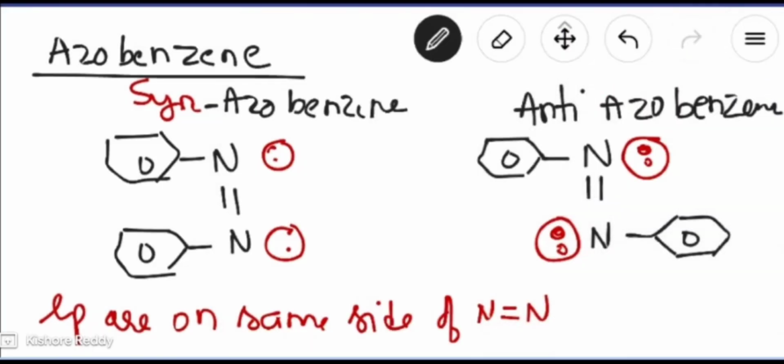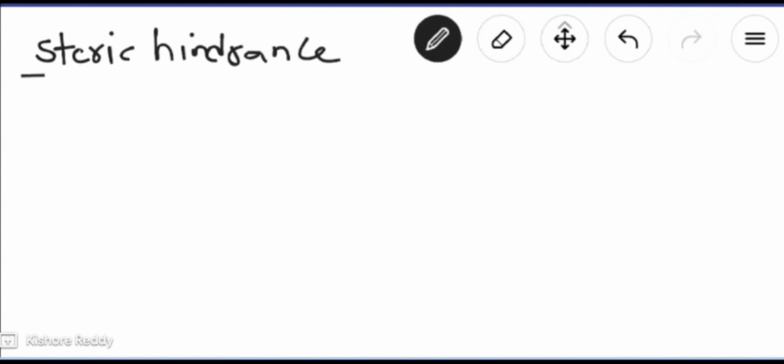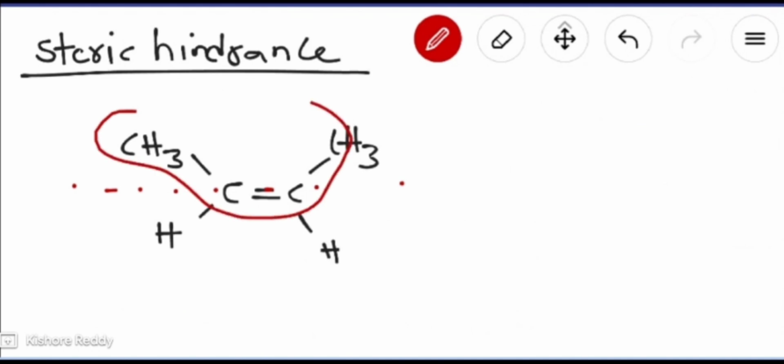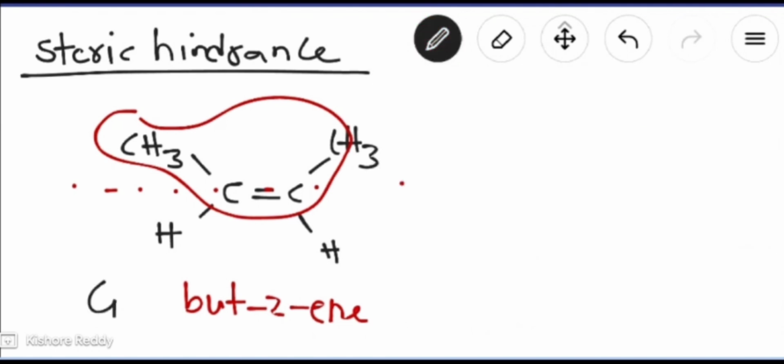Now, one more important concept here. In the case of cis and trans forms, just now we have spoken about steric hindrance or steric repulsions. So how do you identify the steric hindrance here? You take the structure CH3, C double bond C and CH3. Okay. So now you know very well, same groups are present on the same side of the double bond, and this structure you call cis but-2-ene.